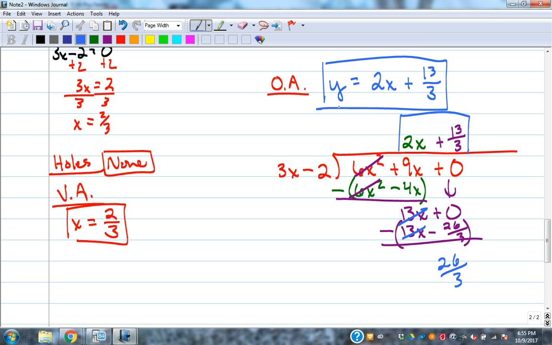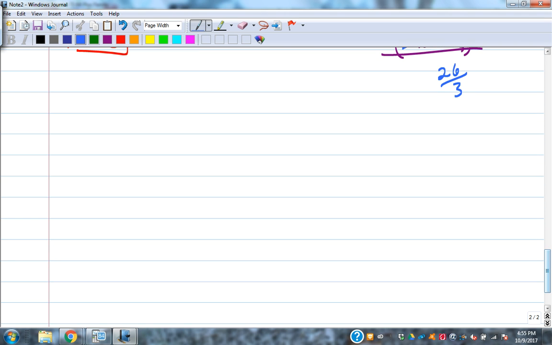Okay? So once we get the oblique, we can answer the question: does the graph cross the oblique? A little bit more difficult because it's an oblique and it's got an x in it, not just a number. So we're going to take the simplified function.